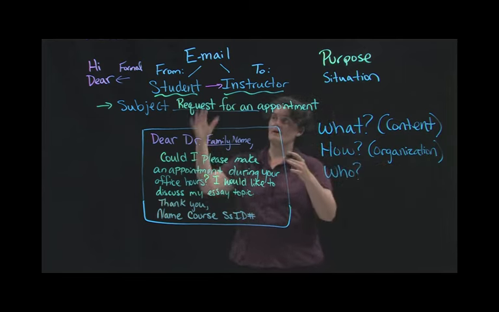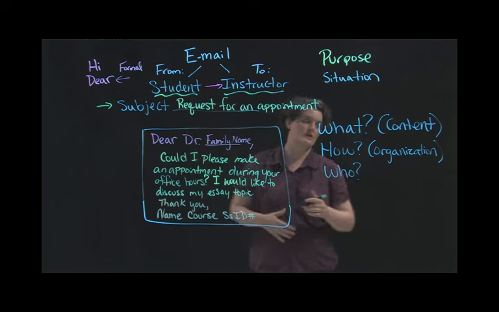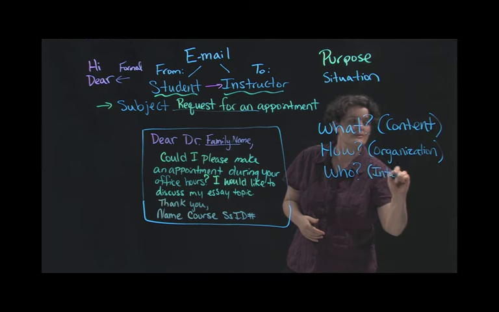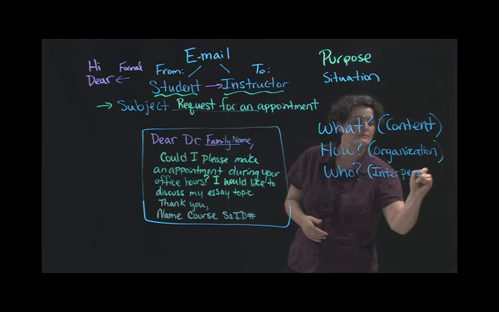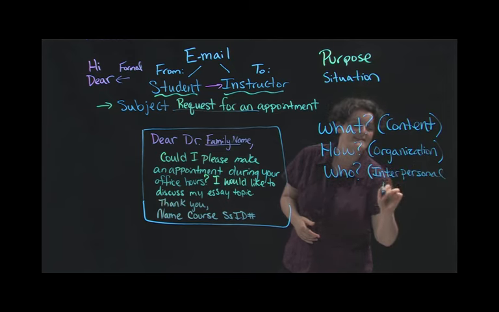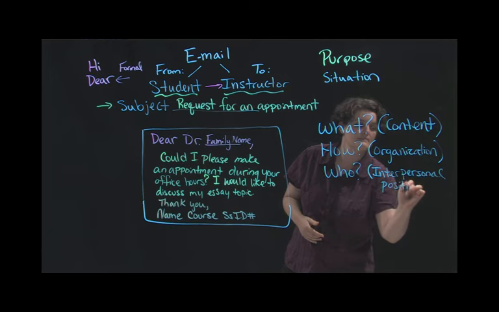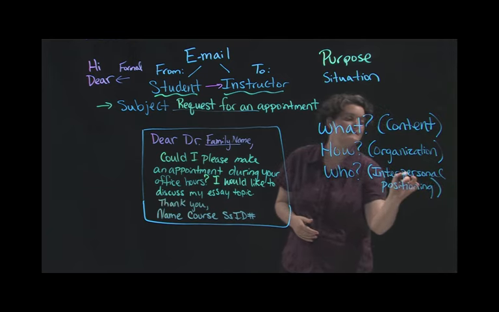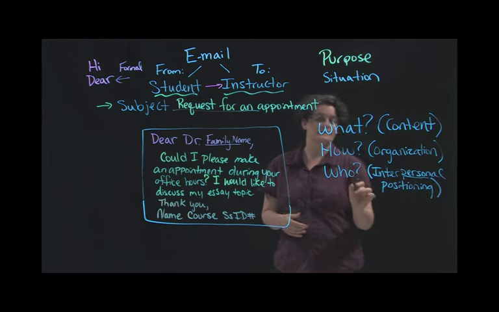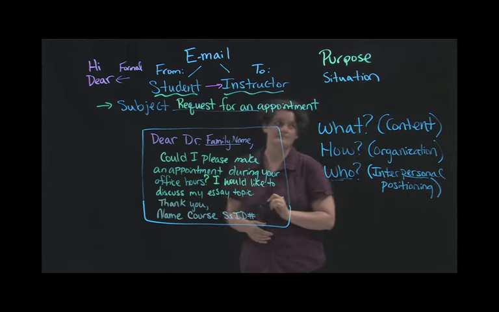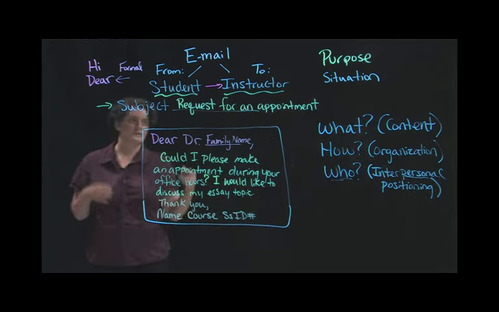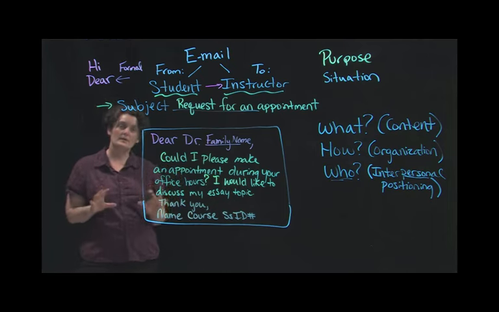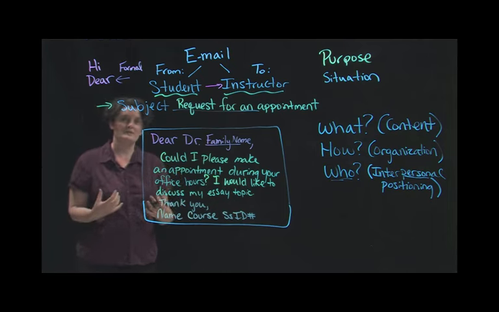In this example, we have a student speaking to an instructor. We're going to call this one interpersonal positioning. You can remember this as it has the word person in it, which refers to the who. So these 3 things, the what, the how, and the who, the content, the organization, and the interpersonal positioning.